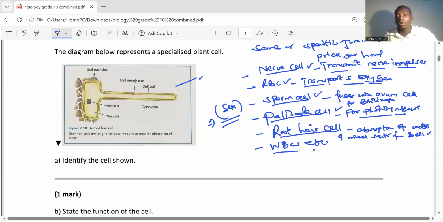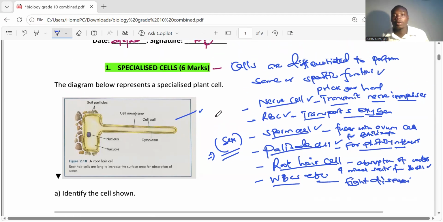That is the role of root hair cell. White blood cell. What is the role of white blood cell? White blood cell helps to fight diseases and many other type of cells. So these cells are specialized to perform different functions.